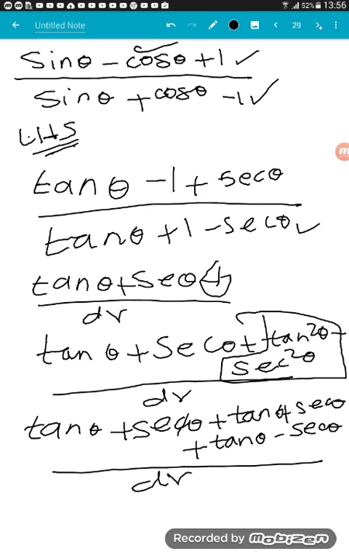Now sec theta minus sec theta cancel, and now tan theta plus sec theta. Let me do this on another page. Just remember this minus 1.